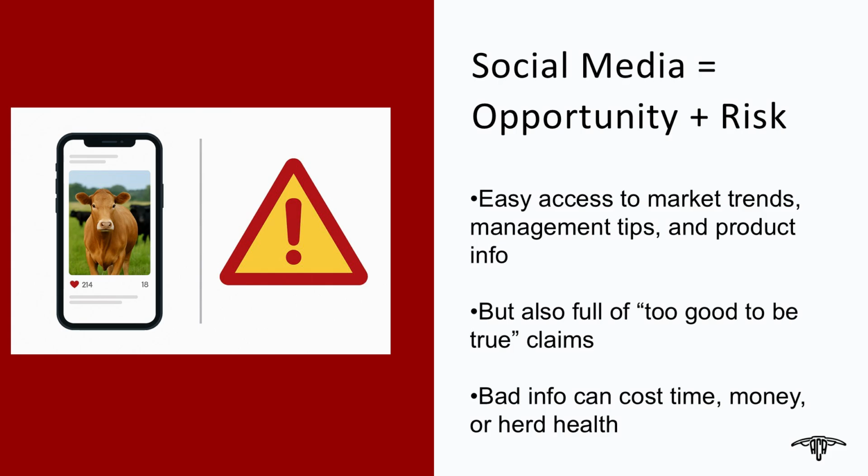Because a single bad decision on an operation right now can cost a lot of money and can be very detrimental for the prices that we are seeing and hoping to continue to see for a little bit now, but also just from the fact that this is our livelihood. This is what we do. We want to take care of our animals. We want to support them.